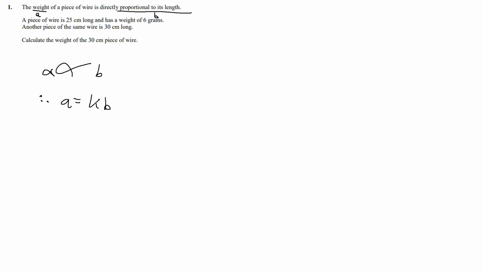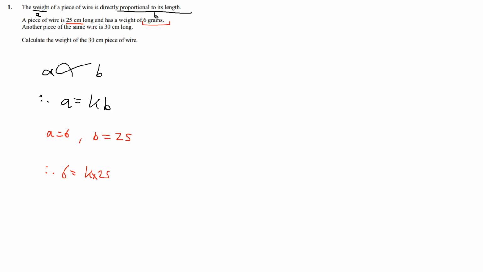Okay? Now, make sure you read the question. The weight of the piece of wire is A. So therefore, A is equal to 6. And B is the length, right? And we're told the length is 25. So B is 25. So therefore, 6 is equal to K times 25.